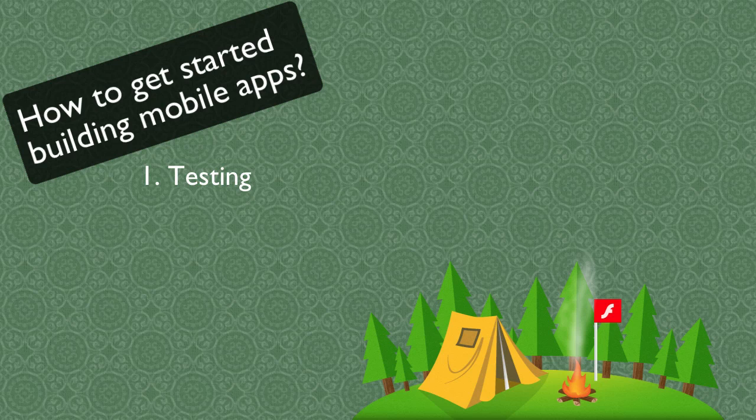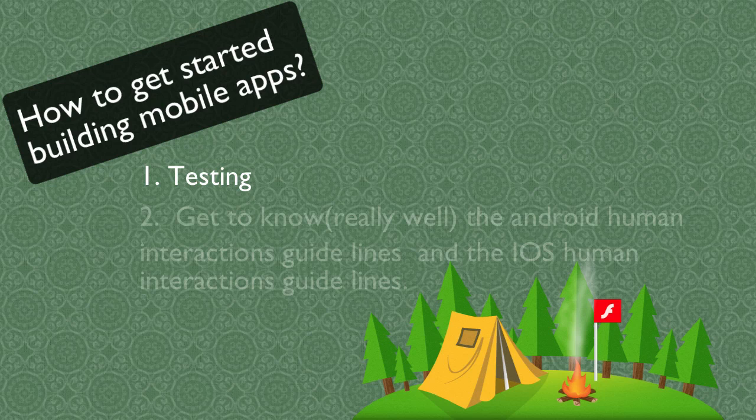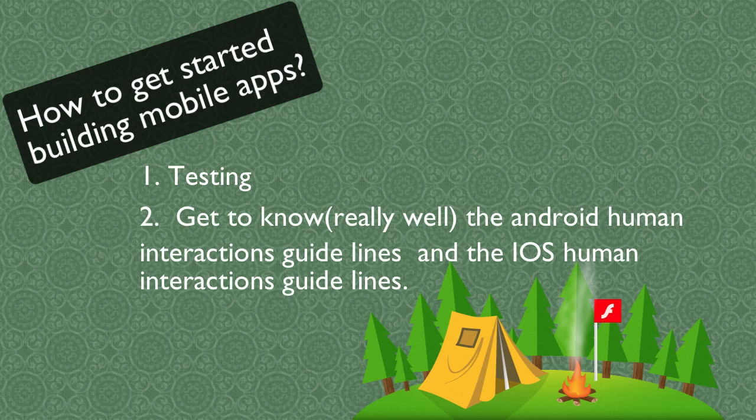If I were starting out, well, let me just say this first. If I'm brand new to mobile, the first place you're going to go is become intimately familiar with the Android human interaction guidelines, and you're going to become intimately familiar with the iOS human interaction guidelines.